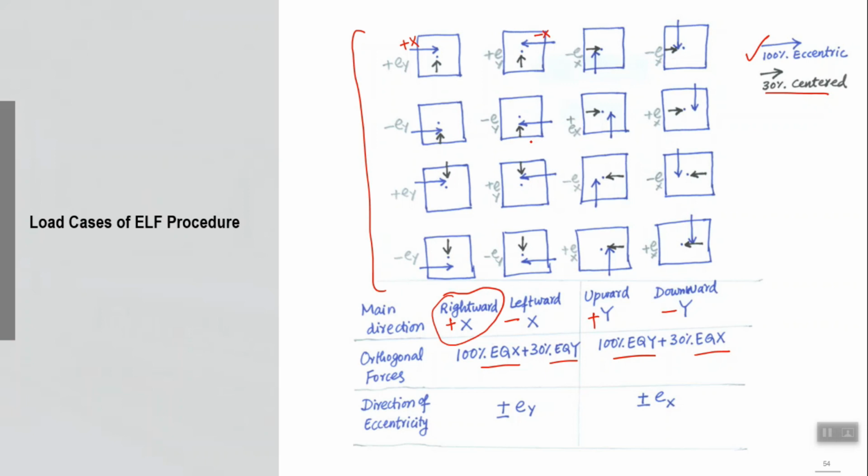So, you will finally end up with 16 cases. The blue color longer arrow is showing you the main force, 100% eccentric force, and the black color is showing a 30% centered force, included for the effect of orthogonal loading, right. So, you will end up with 16.